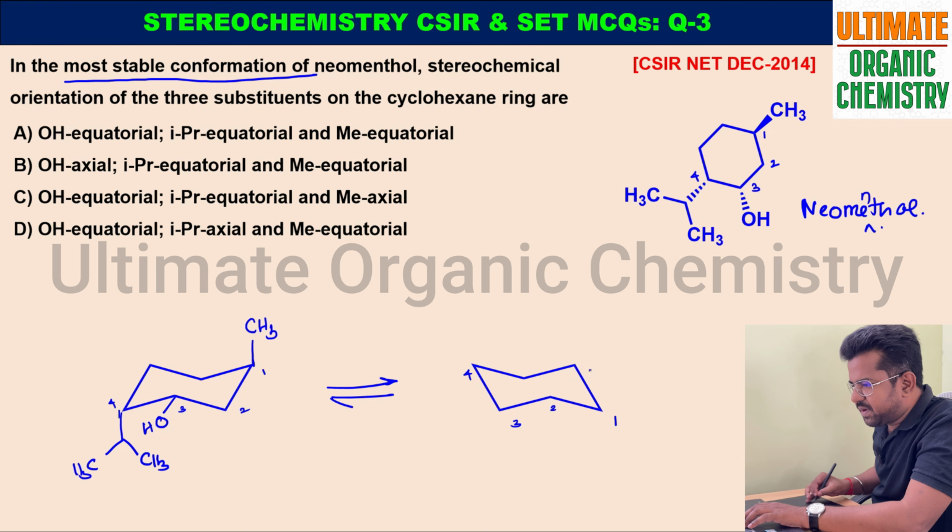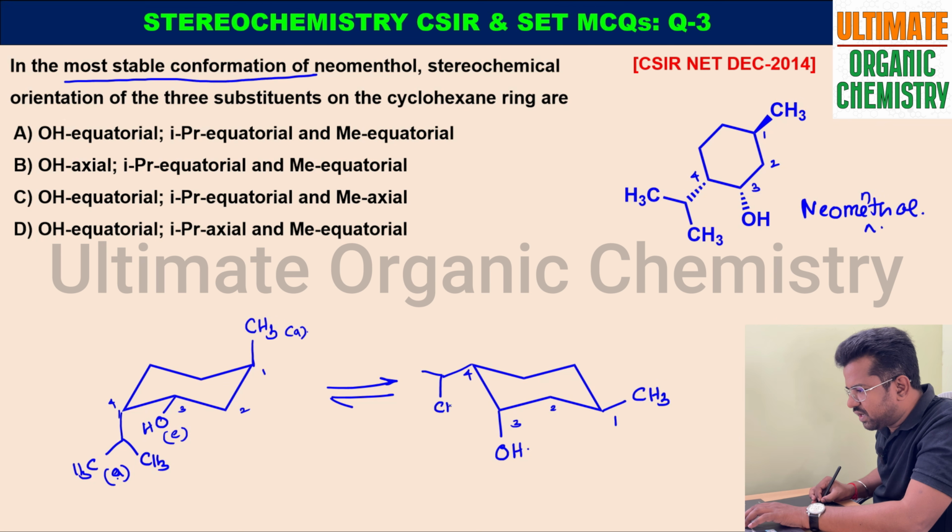The first carbon methyl group is present here at axial position, will be converted into equatorial, and third carbon OH group is present here at equatorial position. During ring flipping, it will be converted into axial, and fourth carbon isopropyl group is present at axial position. During ring flipping, it will be converted into corresponding equatorial position.